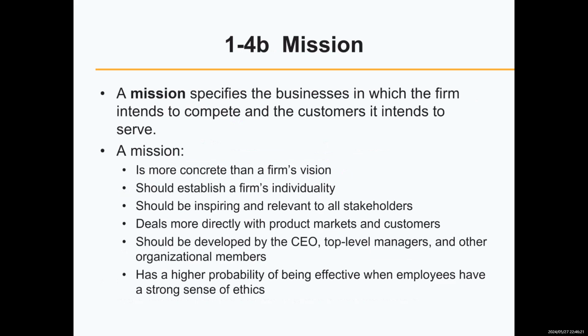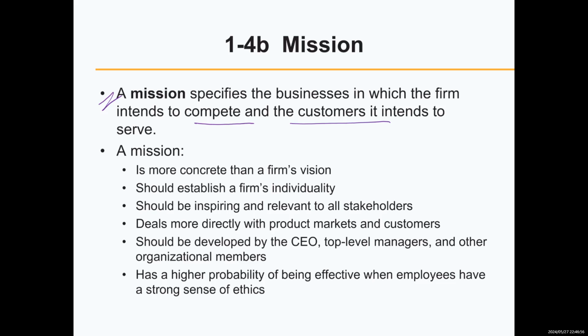The vision is about the bigger picture, how people think of it, while the mission is an externally focused application of its vision, which basically states the firm's unique purpose and scope of its operations. A firm's mission specifies the business in which the firm intends to compete and the customers it intends to serve.